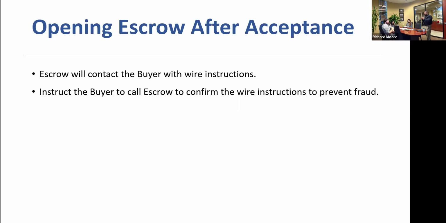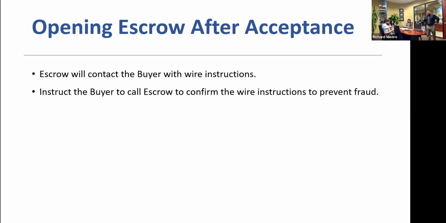When they find out that someone opened escrow, they'll disguise themselves as escrow through email and send the buyer an email saying, hey, wire your deposit here. And the buyer's like, oh, okay, escrow said so, cool. So they wire the deposit, and then the money's gone, because that's not even escrow. It's just somebody pretending to be escrow.